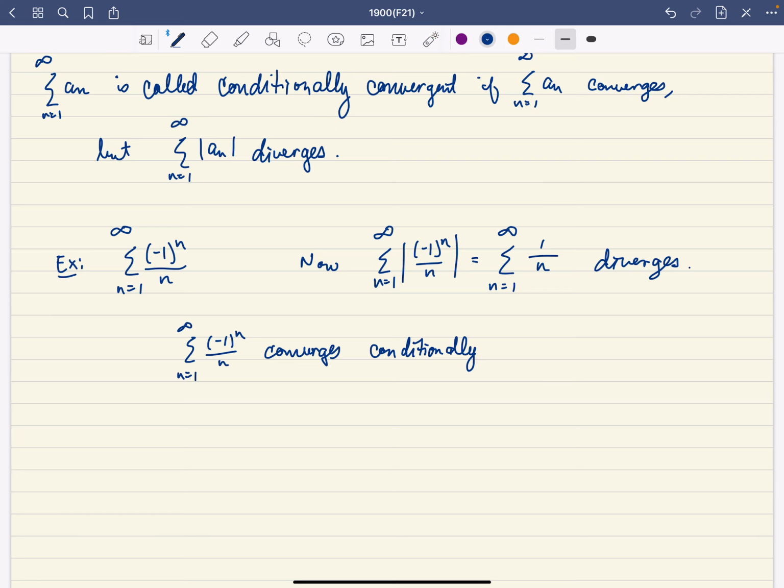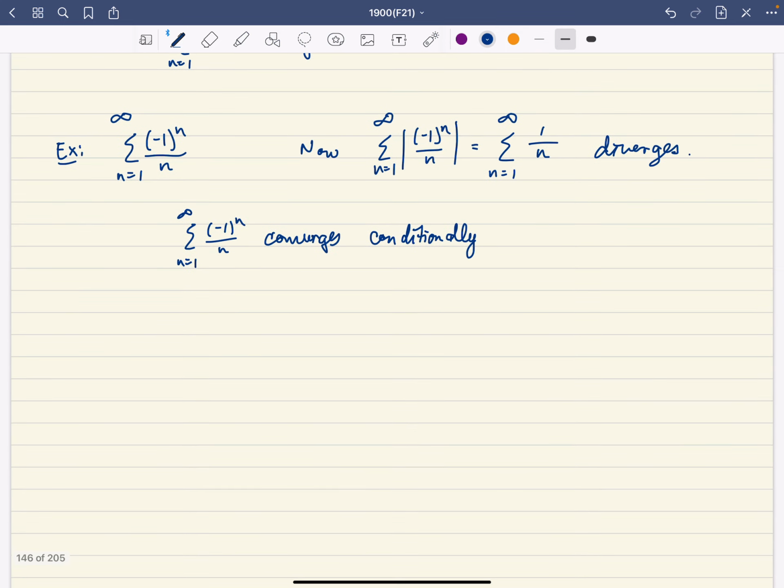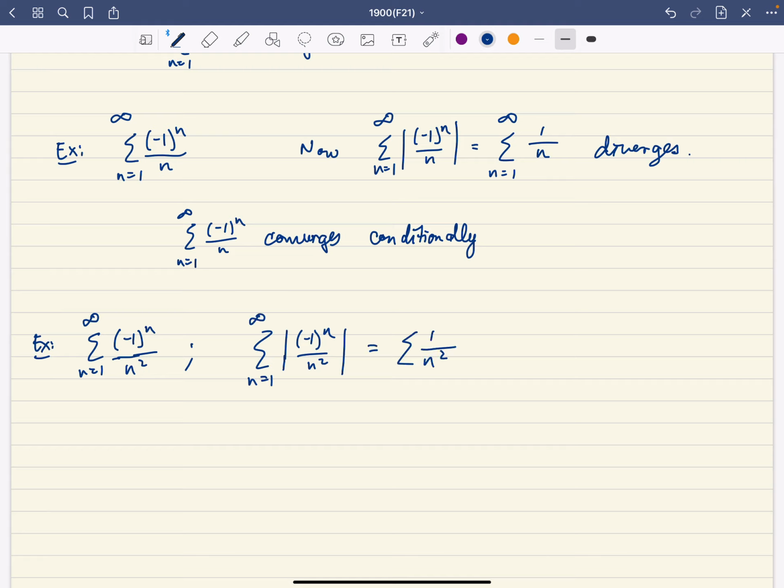Now, contrast this to something like negative 1 to the n over n squared as n goes from 1 to infinity. Here, the absolute values are just going to be 1 over n squared, and that's a p series with p equals 2.